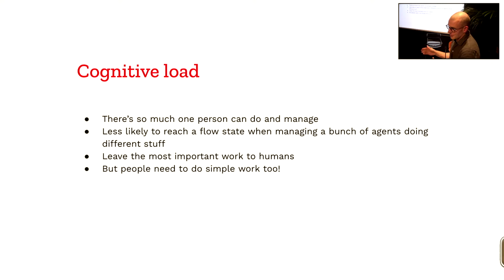And with that comes cognitive load. There's so much one person can do and manage at the same time. We are less likely to reach flow states when managing a bunch of agents. So we will need to leave time to do the basic programming work, so that we don't lose the ability to do the traditional work and evaluate the machines.